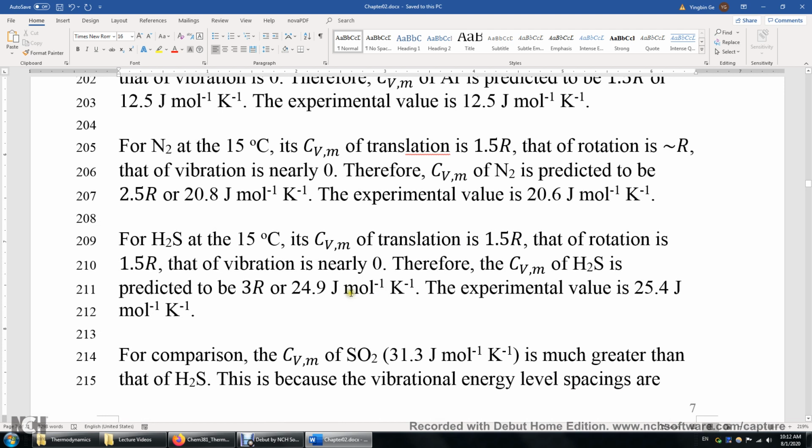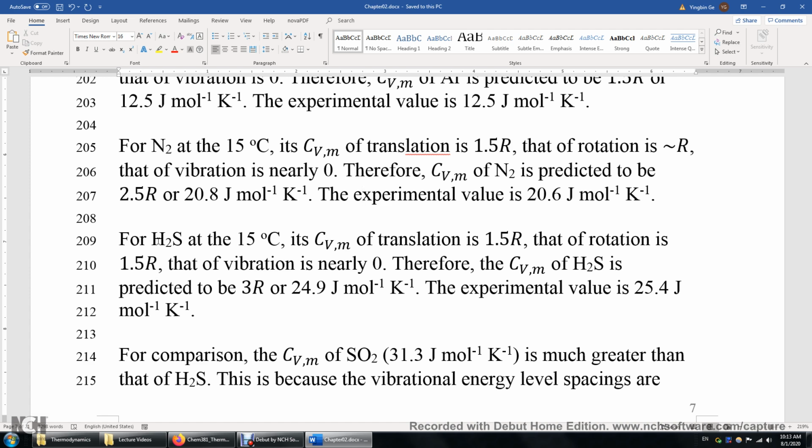Now let's look at a nonlinear molecule. It's H2S, hydrogen sulfide. Same temperature. Again, the translational CVM is 1.5 R. Now the rotation is 1.5 R. It's nonlinear. This molecule can rotate about the X, Y, and Z axes. So the rotational CVM is 3 times 0.5 R. What about vibration?